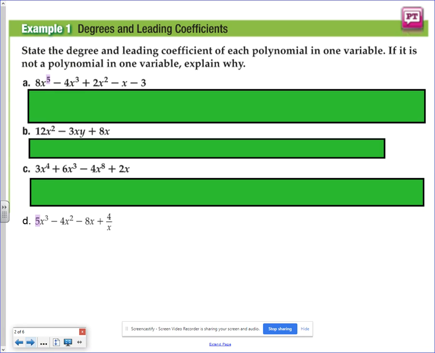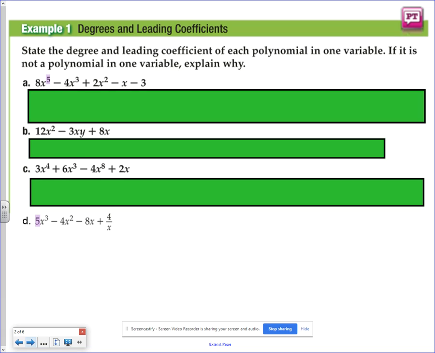All right, so let's look at this example. Think about these questions as I read them. It says, state the degree and the leading coefficient of each polynomial in one variable. If it's not a polynomial in one variable, explain why. So let's look at A. So first thing we're going to do is we're going to decide, is this a polynomial in one variable?